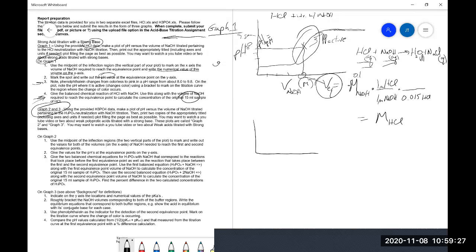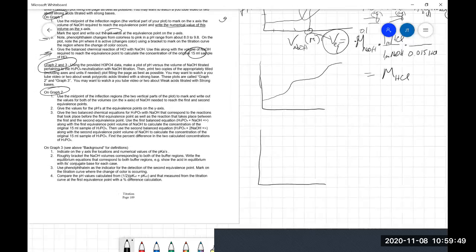It's going to look something like this, right? And so I'm going to print that out 2 times. And then on one of those, I'm going to do this. On the other plot, I'm going to do the rest.